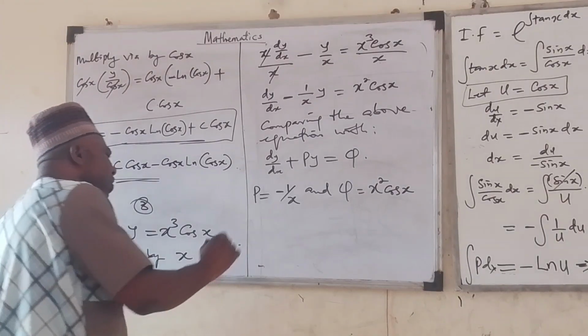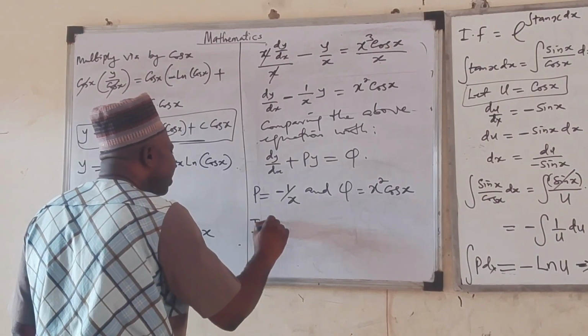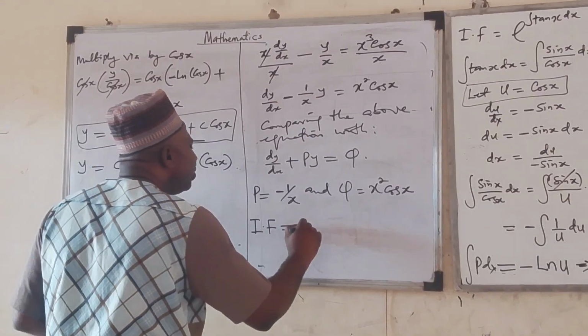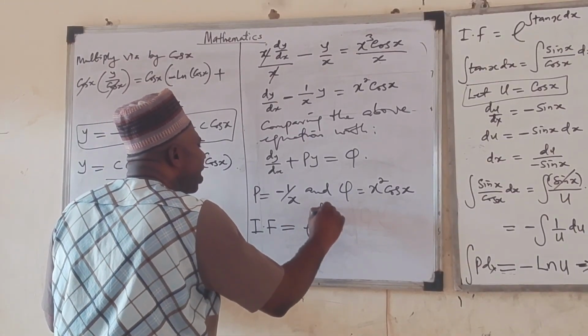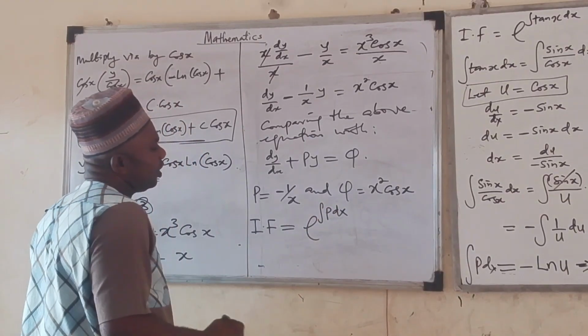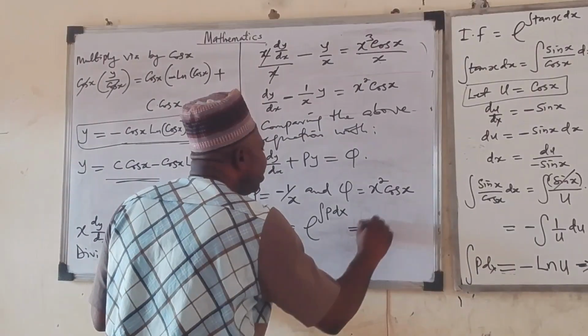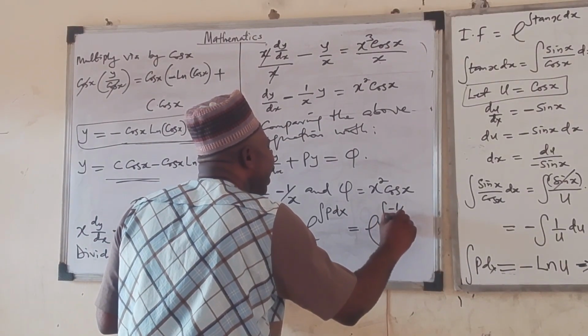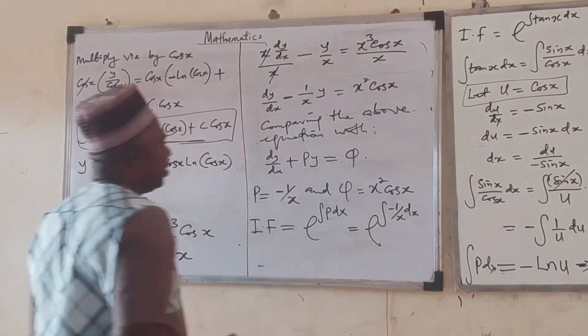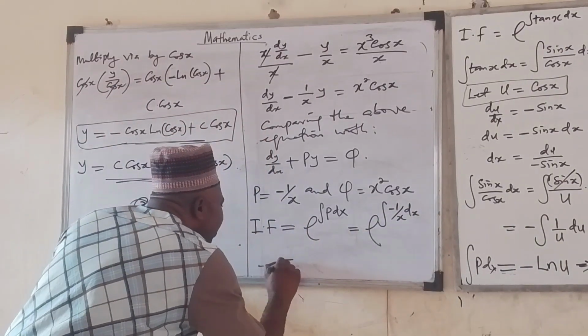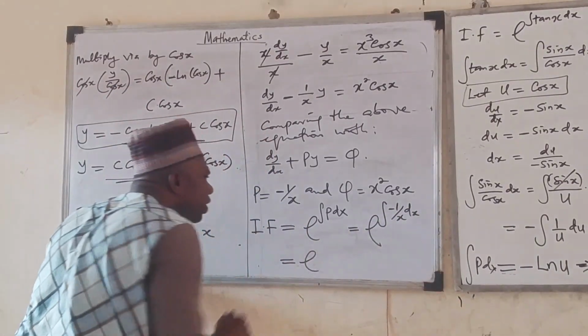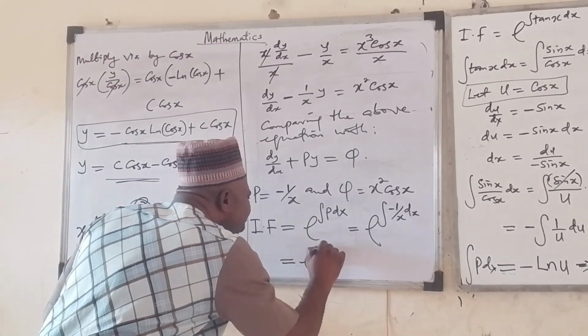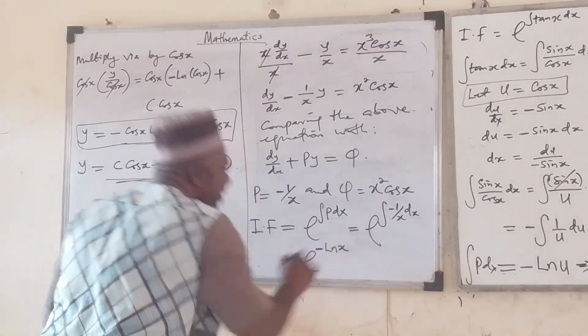Now let's look at the integrating factor. The integrating factor is equal to e raised to the power of integral p dx. That will give us e raised to the power of integral minus 1 all over x dx, which is e raised to the power of minus ln x.